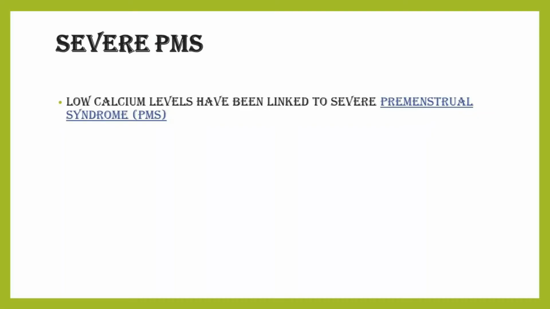Low calcium levels have been linked to severe premenstrual syndrome, which is PMS. Low levels of vitamin D and calcium during the second half of the menstrual cycle might contribute to symptoms of PMS, and supplements of calcium may help relieve the symptoms.